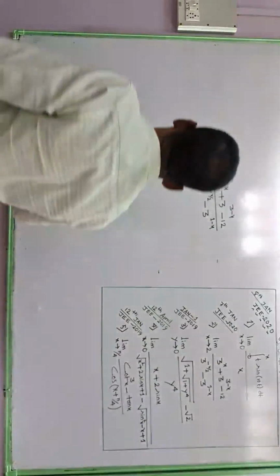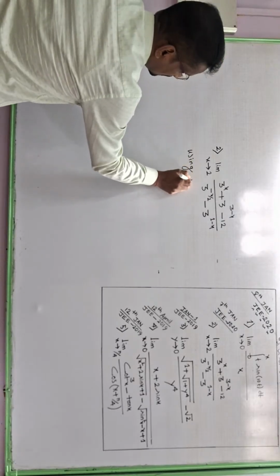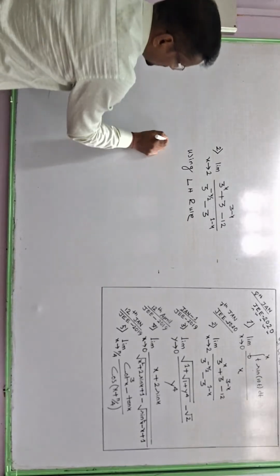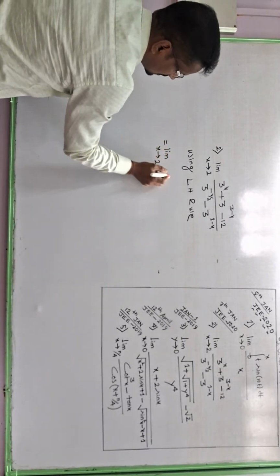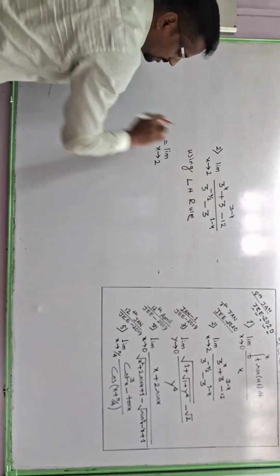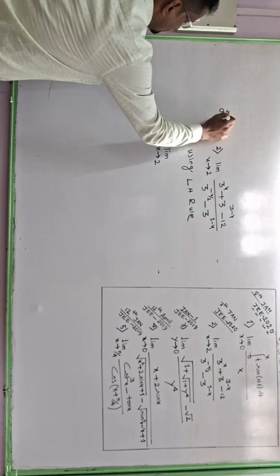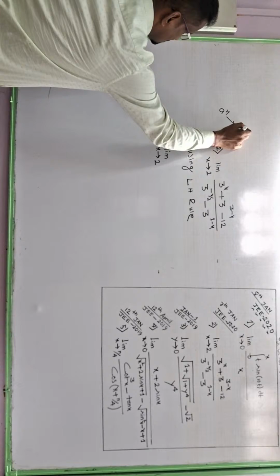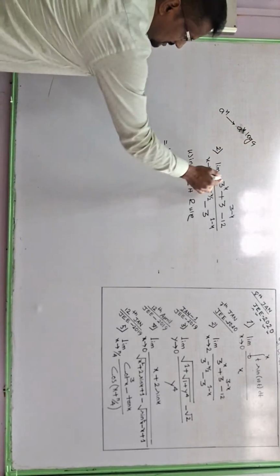Okay, now using L'Hôpital's rule, that is equal to limit x tends to 2, derivative of numerator. Let us do it directly. As you know, the derivative of a to the power x is a to the power x log of a, where a is any number.